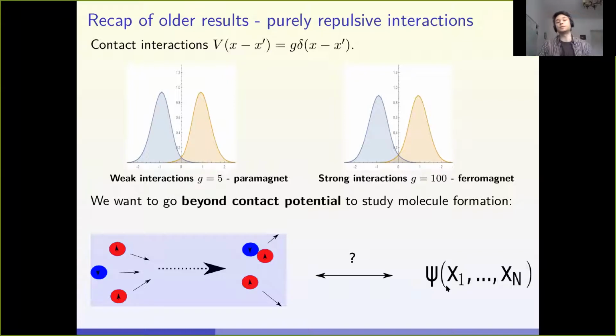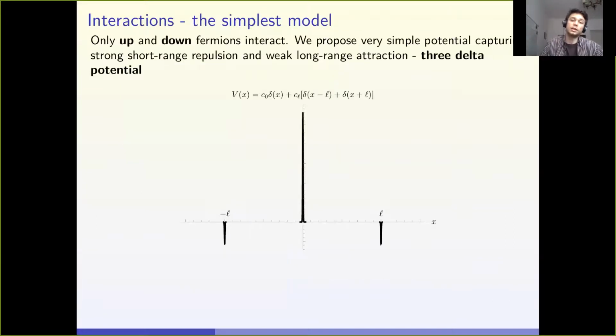So we'll have to build some understanding of what the proper observables are and how to connect our presuppositions about molecule formation with a full many-body wave function. That's our goal. But first we start with the potential that we employ to study this molecule formation.